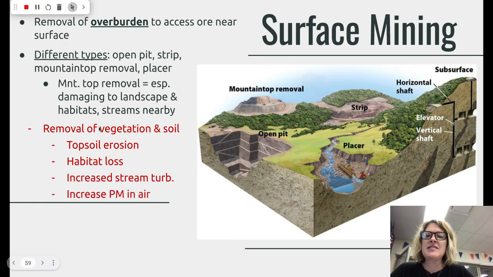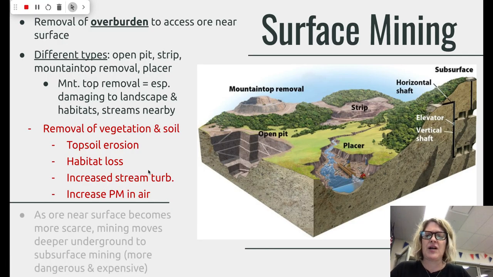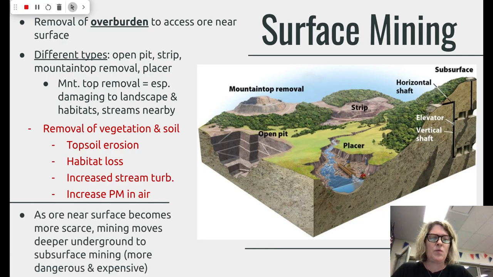And because there's a lot of erosion, there's an increased stream turbidity. The cloudiness of the streams increases, which we've already talked about the negative impacts of that. And as you can imagine, because there's a lot of erosion, you're going to be increasing the particulate matter count that we find in the air, which is not a good thing for folks with sensitive respiratory tracts.